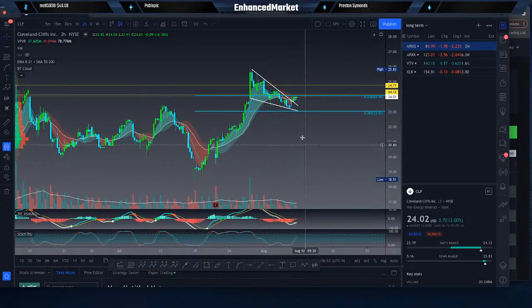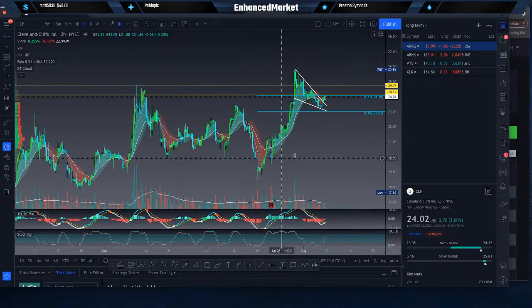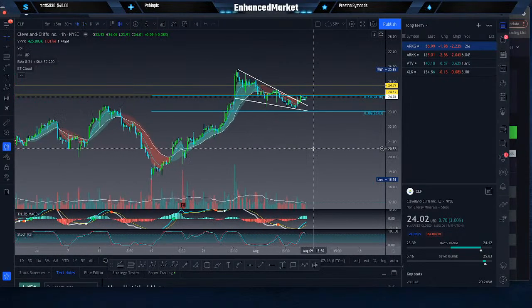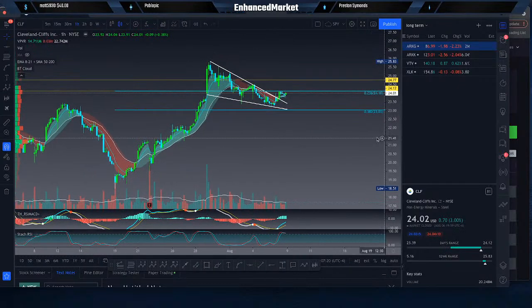So look at this. Resistance point, the 236. Once it clears this 236, we should test 2477, and then test the high of the wedge. So totally like this. Yeah, it looks good on the 1 hour and 2 hour. Looks really good.